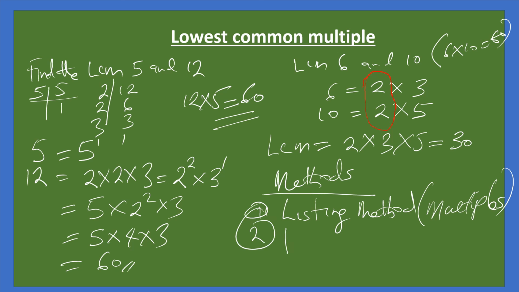And then the second method is what we call the prime factorization method. Although we have other methods, these two you can use to solve any questions in your O level. So this is the end of the lowest common multiple section.